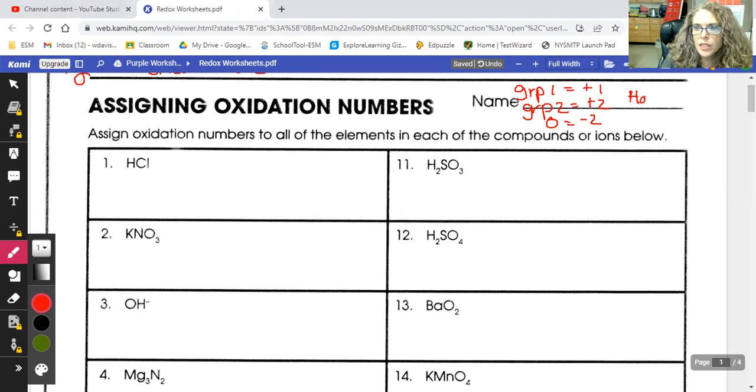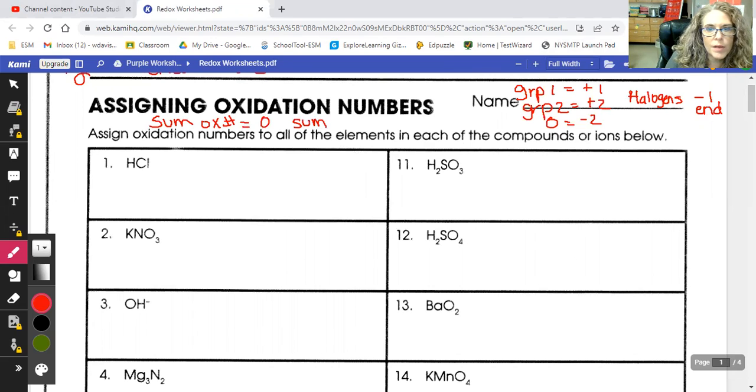Our halogens, they're going to be -1 if they're at the end of a formula. If they're in the middle of the formula, we've got to do some math. And we want the sum, which means you add, the sum of the oxidation numbers of your oxidation states, right, oxidation numbers must equal 0.